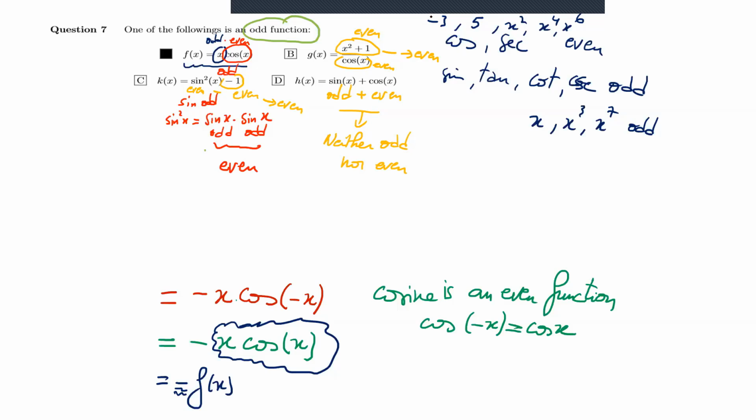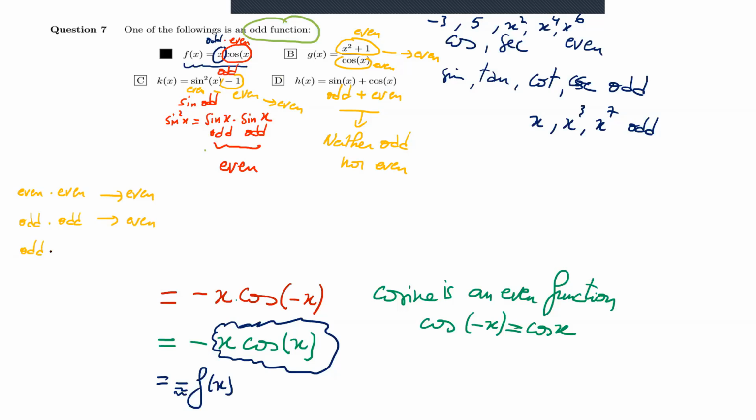So if you multiply even functions, or you multiply odd functions, you get even. So even times even gives you even. Odd times odd gives you even also.